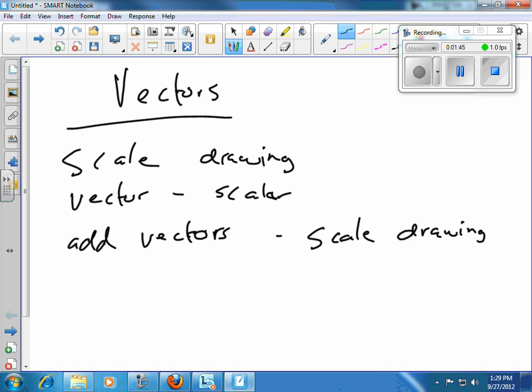And what fashion do we put the vectors in? Tip to tail, right? So if you can put vectors tip to tail and draw a scale drawing and use a ruler to measure the result, that's it. It's not that challenging, right? This is like review for a test. I'm just reminding you.